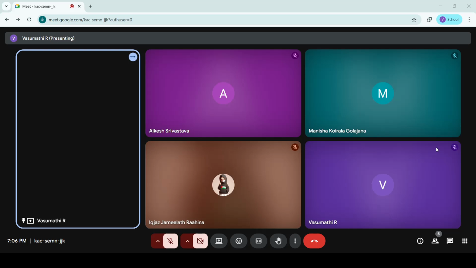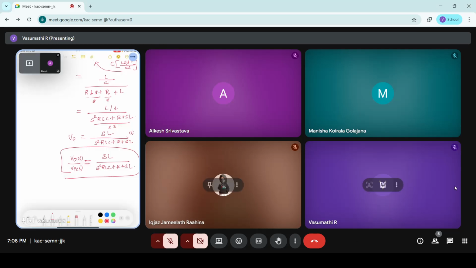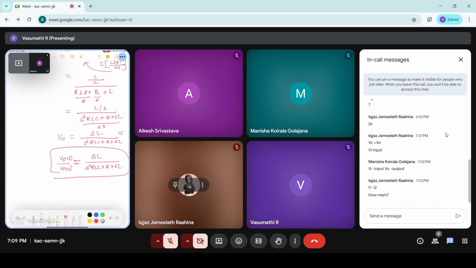So this is your overall transfer function. I hope this is correct. Let me check the answer. Yes.